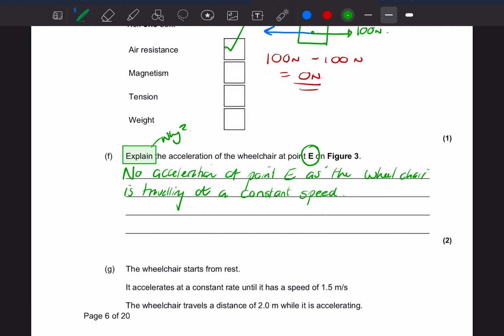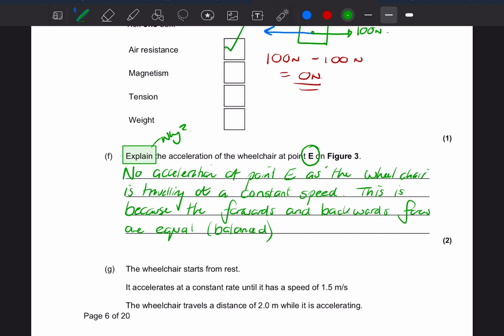So no acceleration at point E, as the wheelchair is traveling at a constant speed. This is because the forwards and backwards forces are equal. Sometimes we would say balanced. Both would be correct.